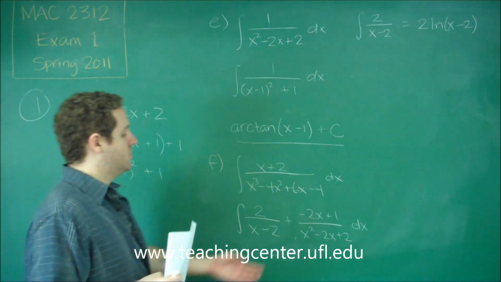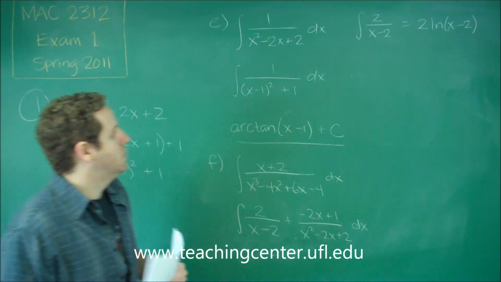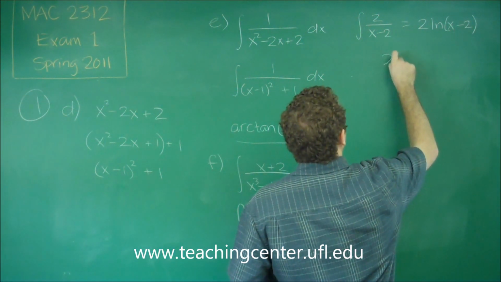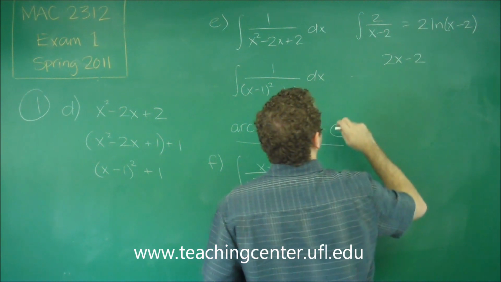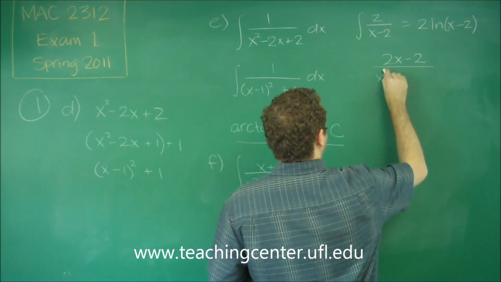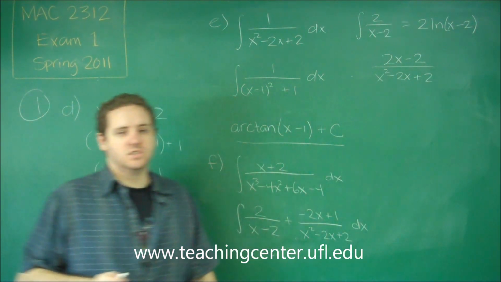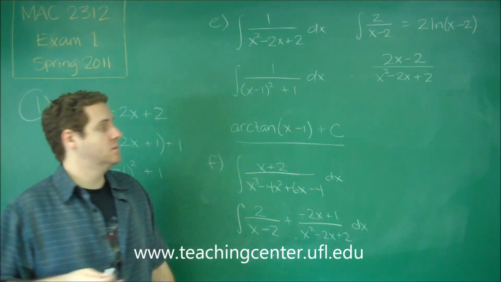So let's see, what would the derivative of this denominator be? It would be 2x minus 2. So we want our numerator to be 2x minus 2, because if we had that over x squared minus 2x plus 2, that would be just a regular ln, and we'd be done.